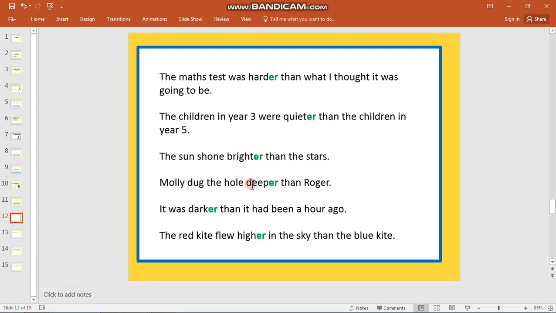Molly dug the hole deeper than Roger. Deep becomes deeper. It was darker than it had been an hour ago. Dark becomes darker. The red kite flew higher in the sky than the blue kite. High becomes higher. And in all of these examples, the suffix is added to the end of the root word.